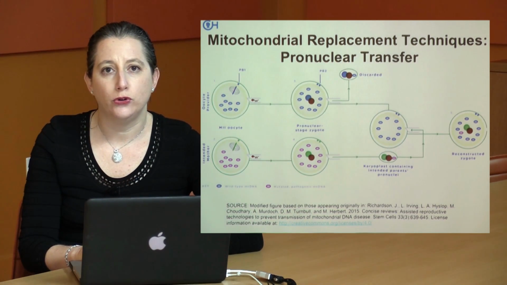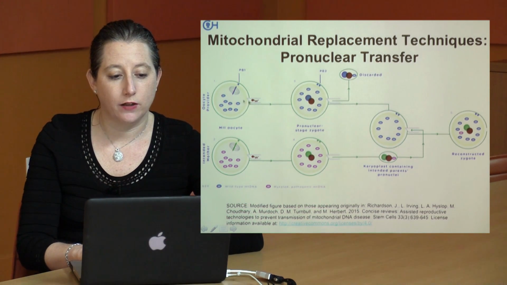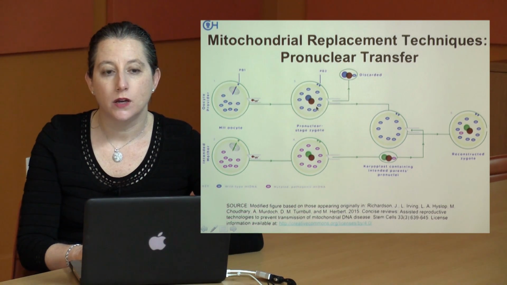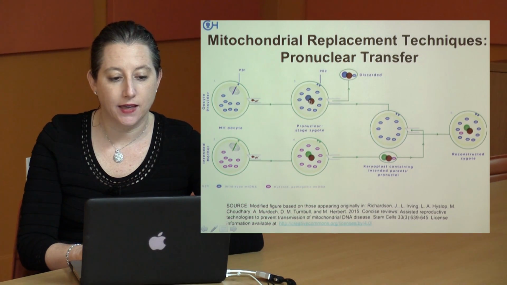This is different than pronuclear transfer. Pronuclear transfer is a very similar technique. The difference is that you're not starting with unfertilized eggs. You're starting first with fertilized eggs. This creates, within the next 24 hours, a zygote where you have an unfused pronucleus from both the egg donor and the sperm donor.